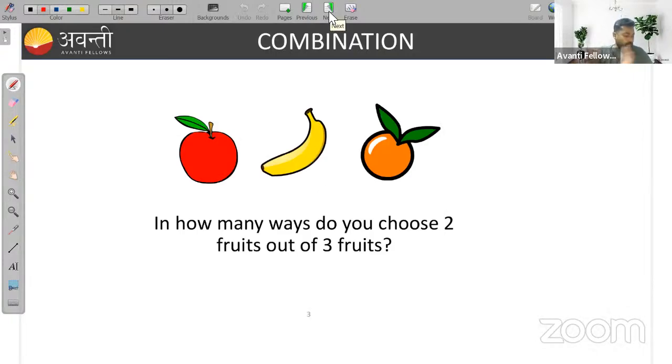So let's understand what is combination. On your screen you can see you have an apple, an orange, and one banana. If I ask you, in how many ways can you choose 2 fruits out of 3 fruits? What should be your answer?